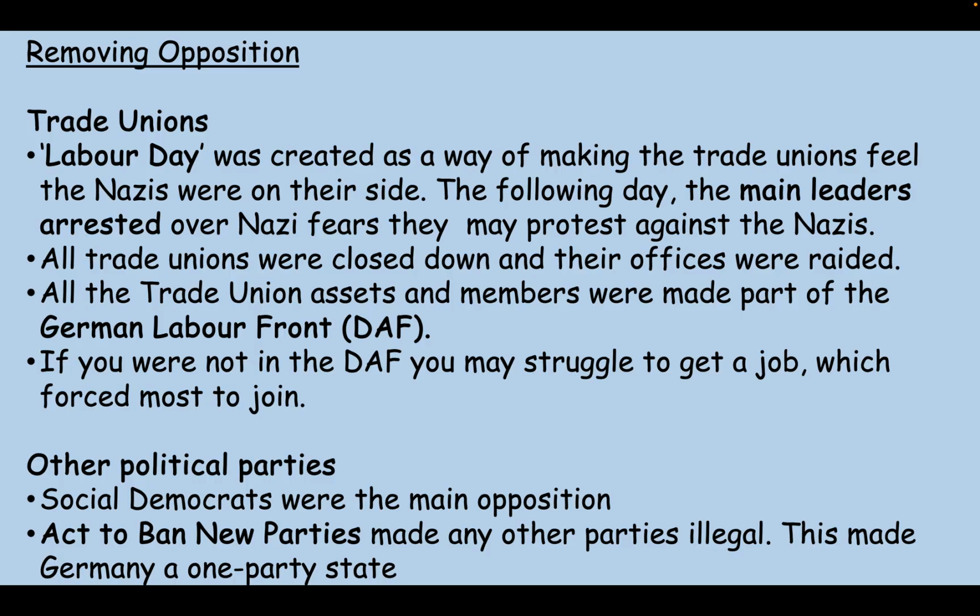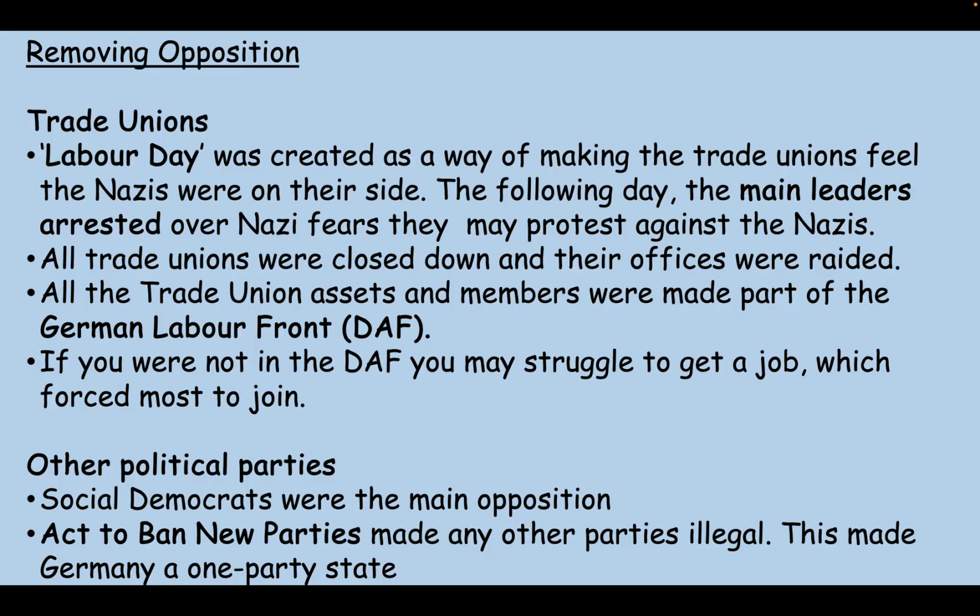The final form of opposition really is the trade unions. Now, trade unions traditionally are more politically leaning towards communists, and they will defend the rights of workers against the government. Now, Hitler wants complete control. He doesn't want trade unions standing up to him. So he has to do something about them.